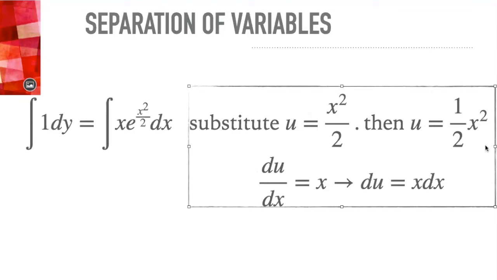And differentiating half x squared, 2 times a half, that's 1. And subtract 1 from 2, I'm left with the power 1. So that's why I have an x here. And cross multiplying, carrying the dx beside the x, we have du equals x dx.